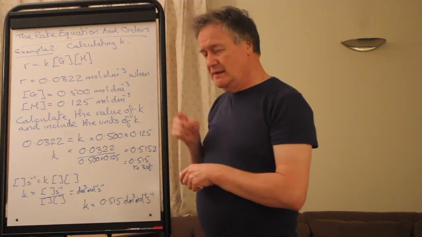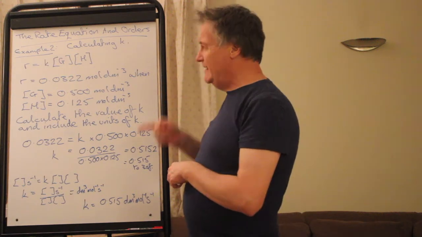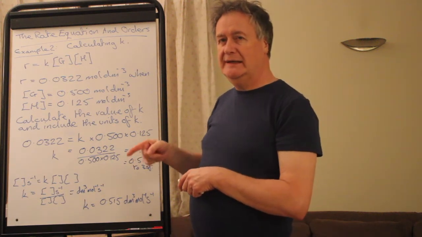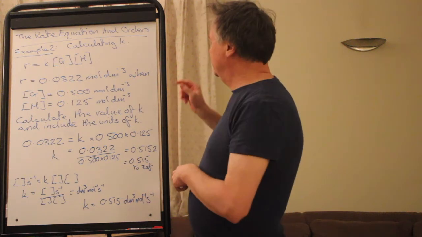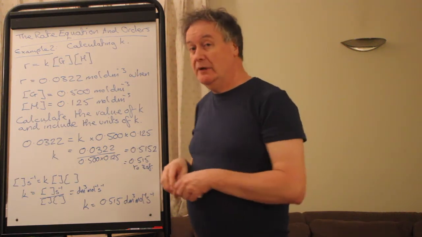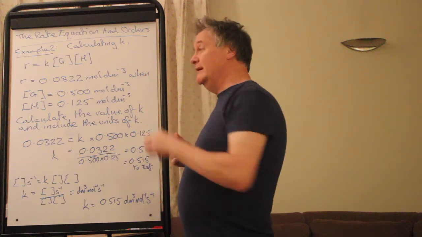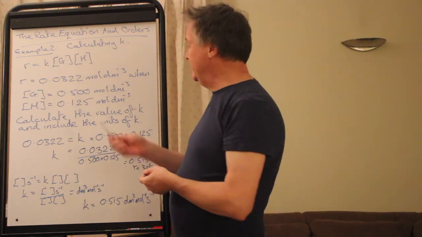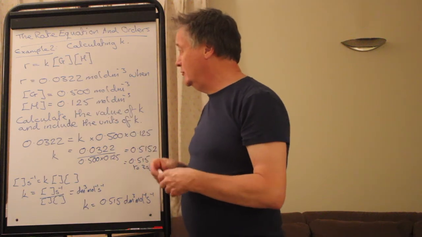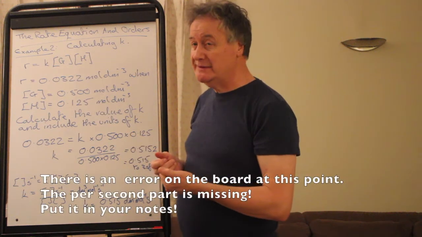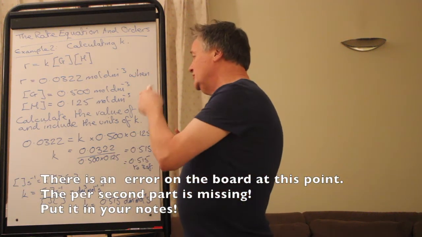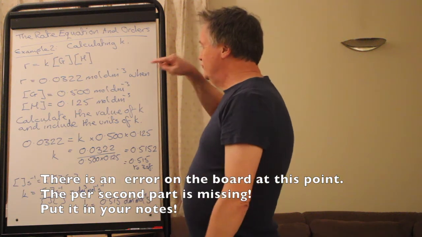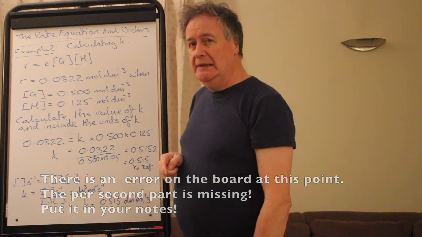Now this is a slightly different sort of question. We're going to calculate the value of K, which, if you've looked down at the board, is already there. You don't want to see me write on the board, so it requires some information. It requires the value of the rate, and I picked a value of 0.0322 moles per cubic decimetre per second, and the concentrations of G and H when this rate occurred.